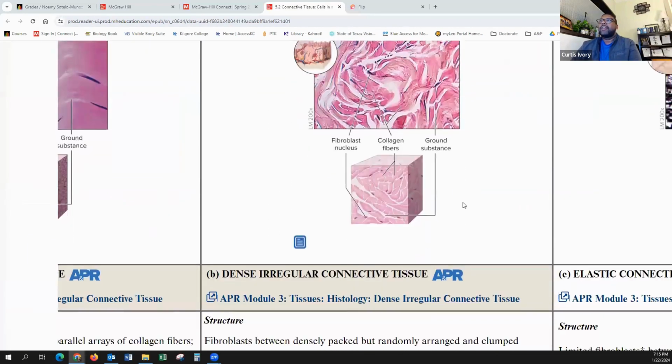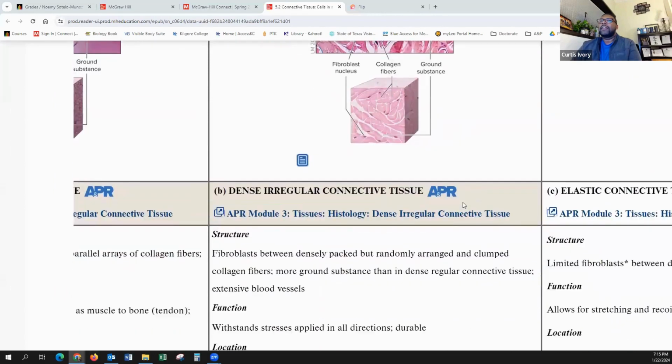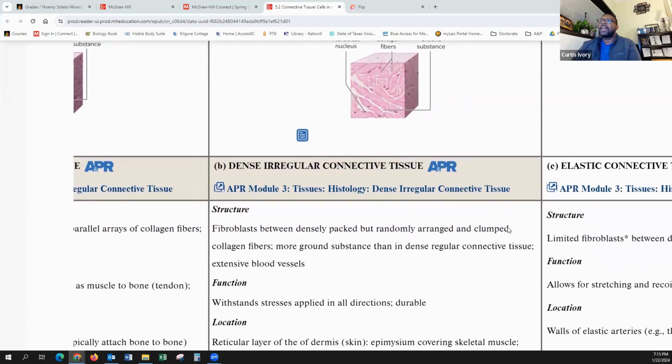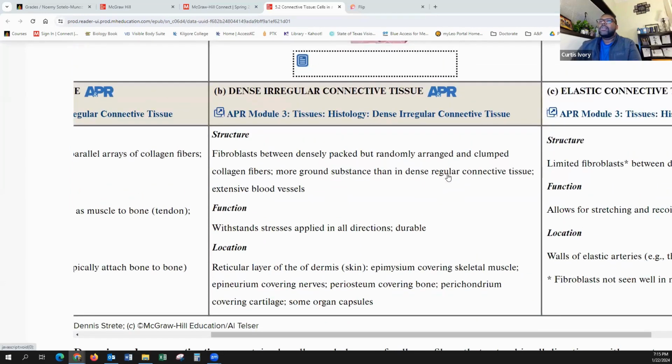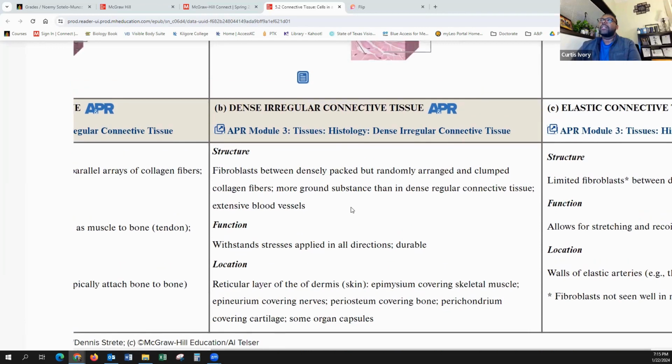But dense irregular, its function is to withstand stresses applied in all directions, and it's very durable. Also, you can find this in the skin, in the dermis of the skin. You can find it covering nerves. You can find it covering some organs, but where I typically find it most is covering the bones.